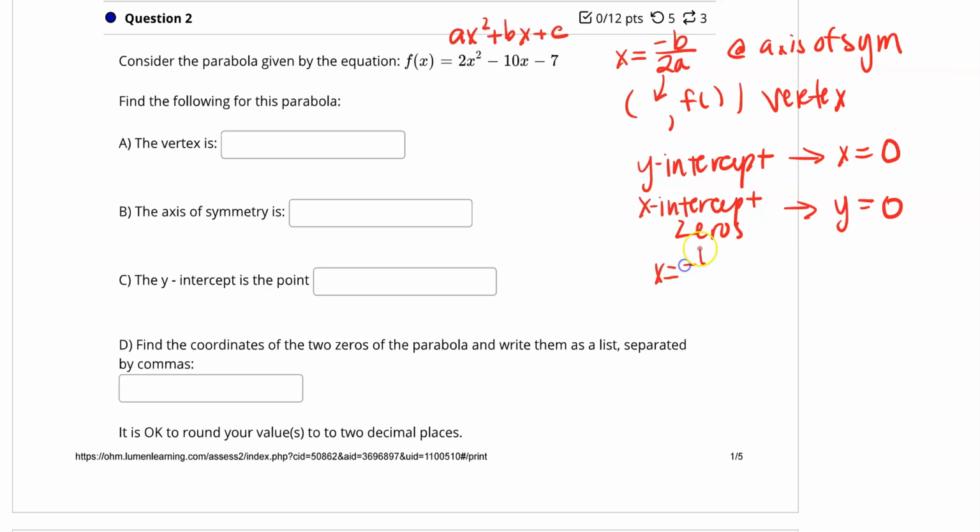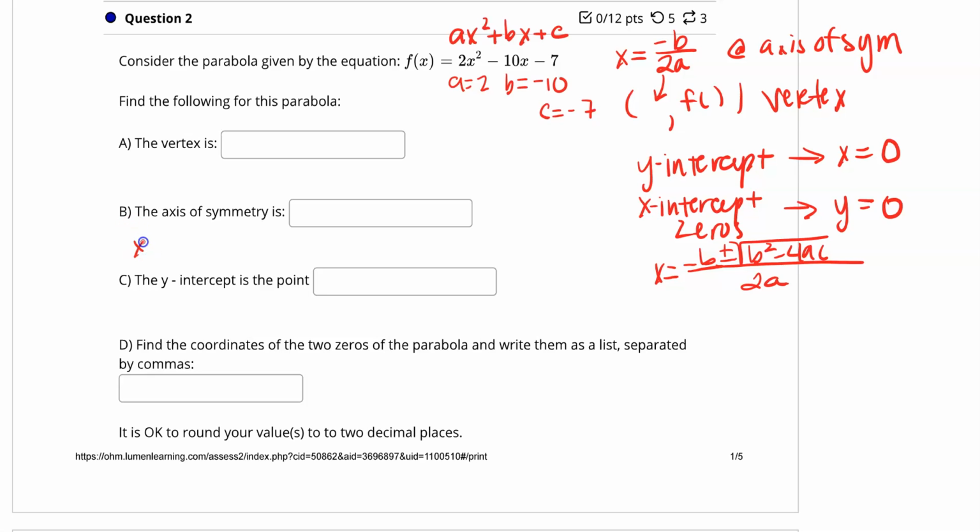So x is equal to negative b plus or minus the square root of b squared minus 4ac all over 2a. And so you can see we have lots of a, b's, and c's in this. So let's go ahead and recognize that. So a would be equal to 2, b would be equal to negative 10, and c would be equal to negative 7.